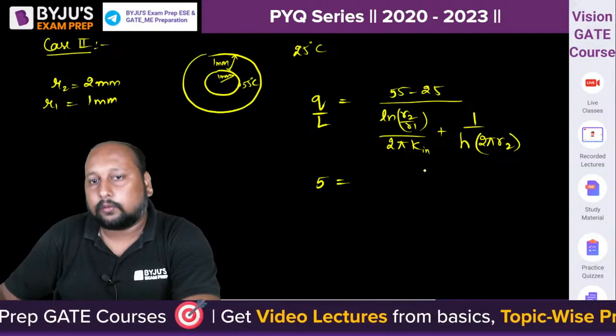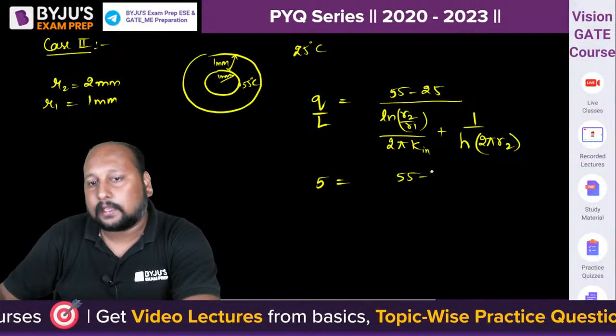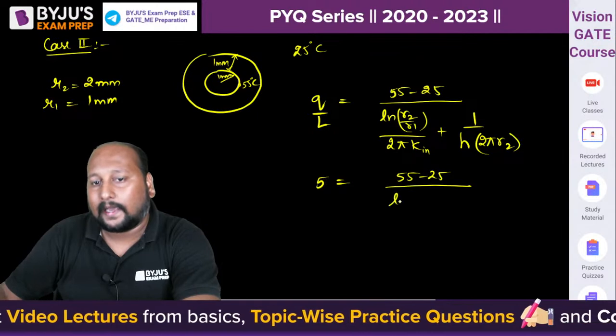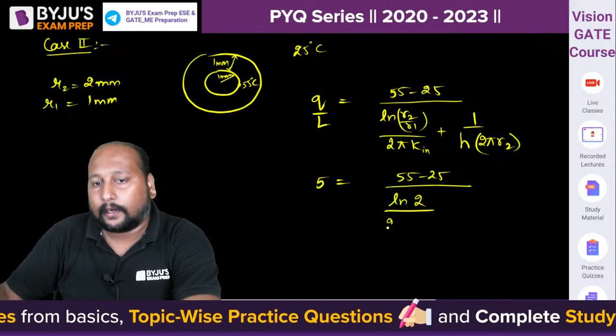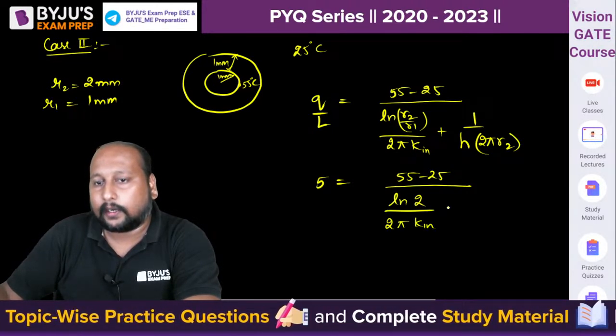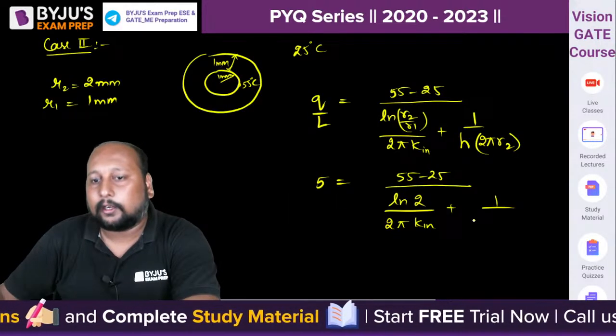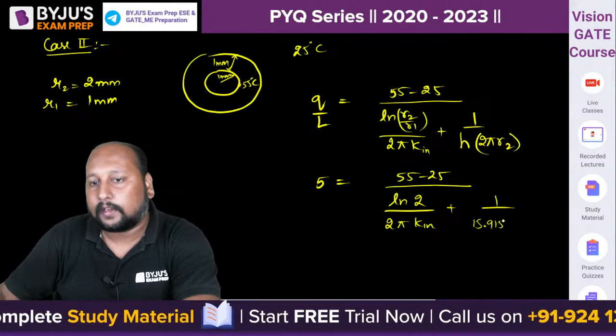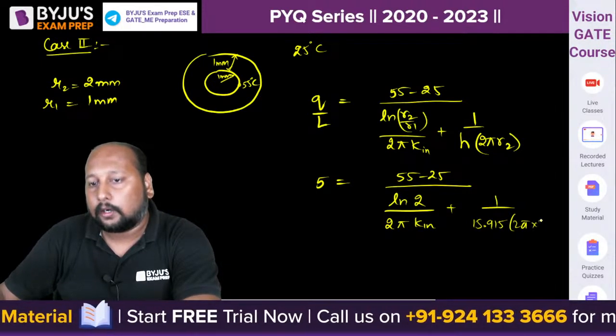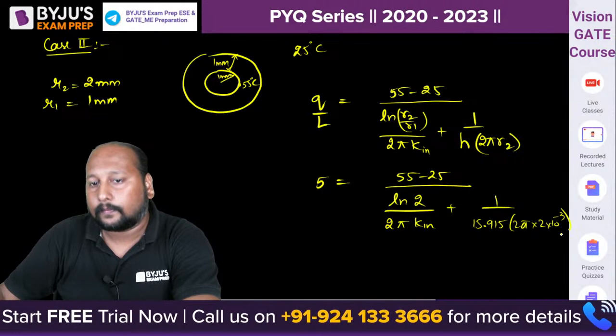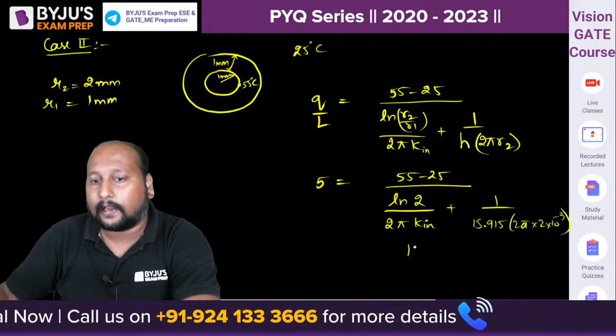This is equal to 55 minus 25 divided by ln 2 divided by 2 pi k of insulator plus 1 upon h is 15.92 into 2 pi into 2 into 10 to the power minus 3. Solve it and tell me the value of K insulator.